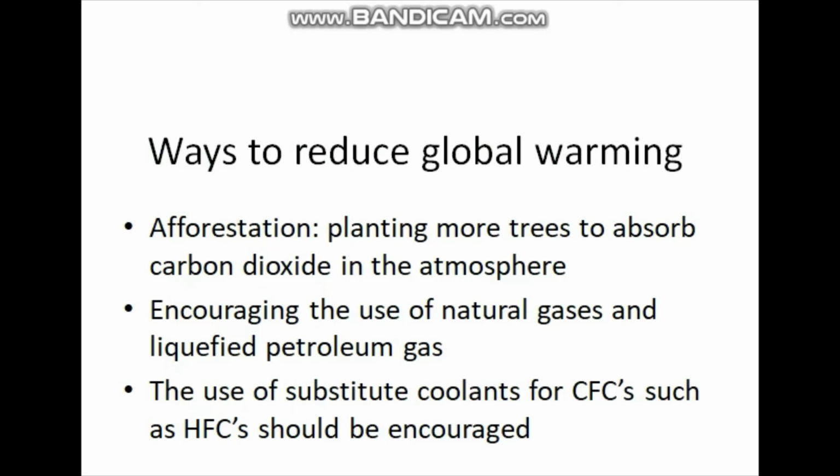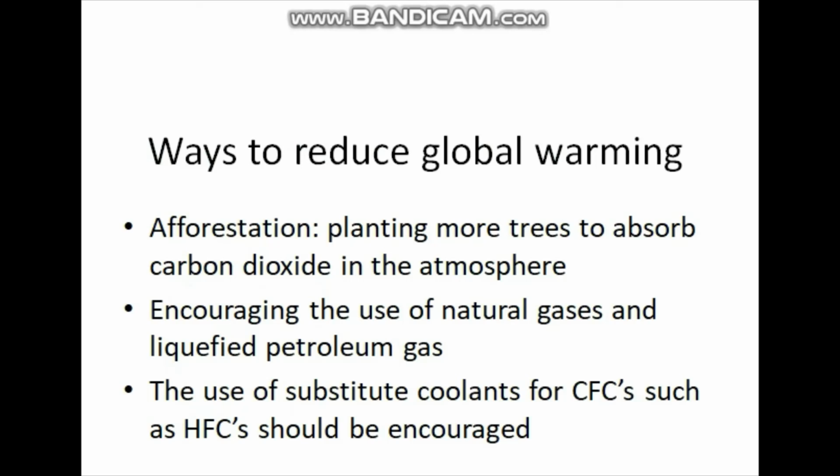Now, what are the ways to reduce global warming? We are talking about afforestation, where we plant more trees to absorb carbon dioxide in the atmosphere. We are also talking about encouraging the use of natural gases and liquefied petroleum gas.